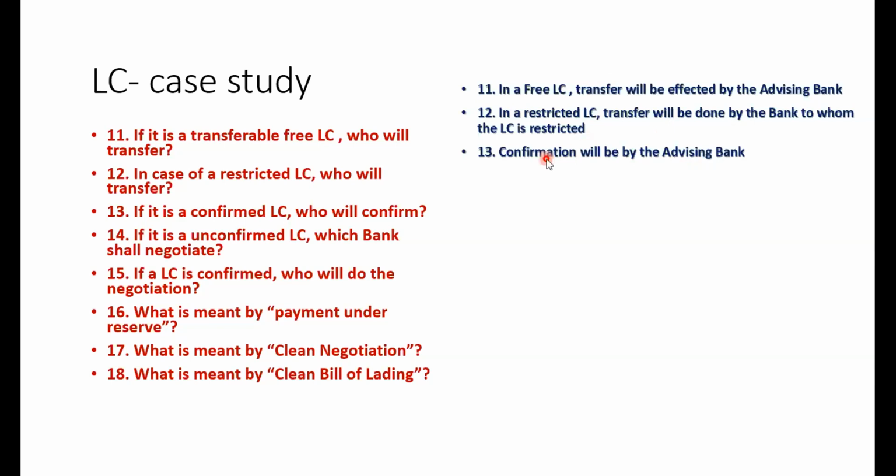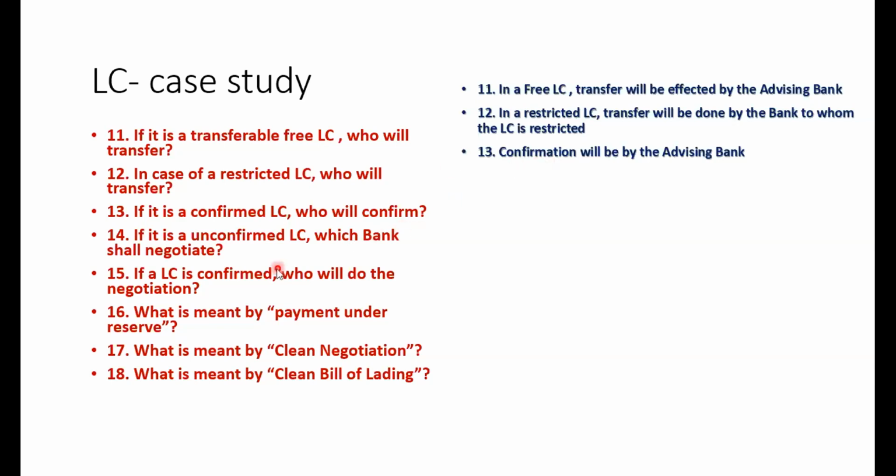These words you have to remember. Restricted LC is different, confirmed LC is different, but once a confirmation is done, the same bank only can negotiate. Negotiation will be at the counters of the same bank. Which bank? The advising bank, because within them there will be some arrangements. We have discussed these because they are frequently asked questions.